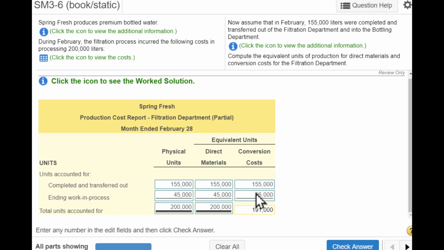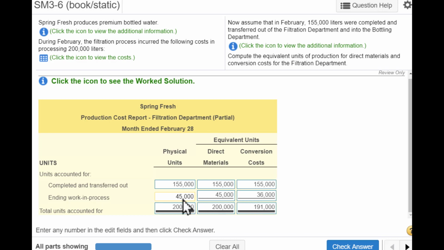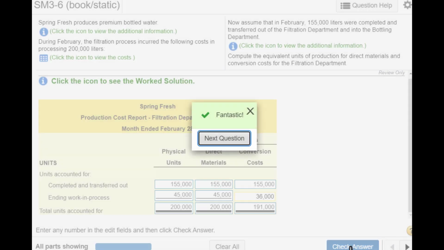The tricky part about this is that this 36,000 means that of the 45,000 units that are partially complete, it's the equivalent of having 36,000 units with all the conversion costs added to them. And that's it.